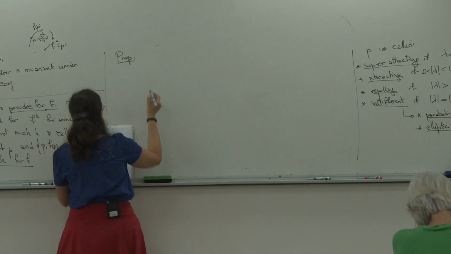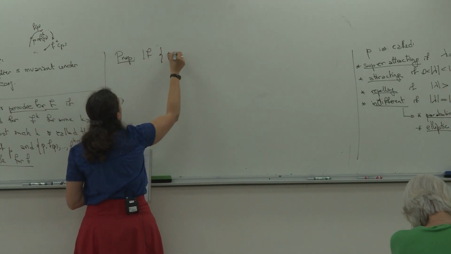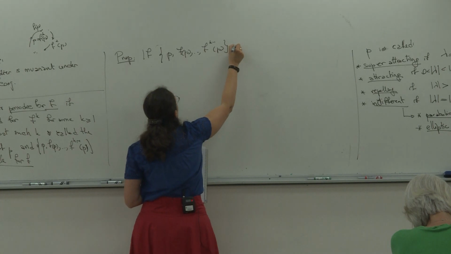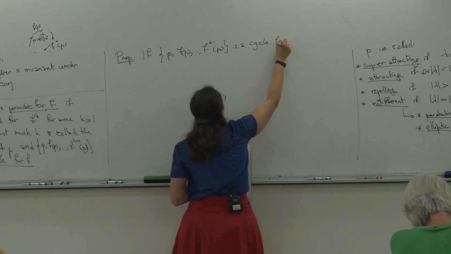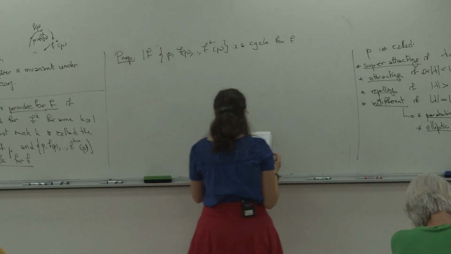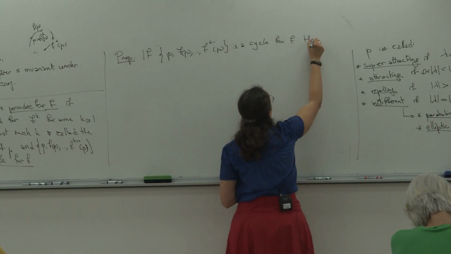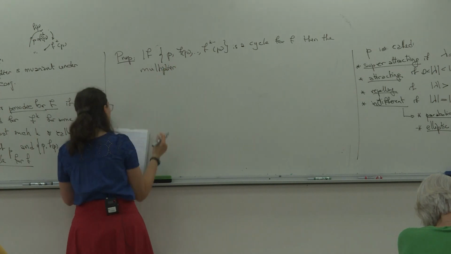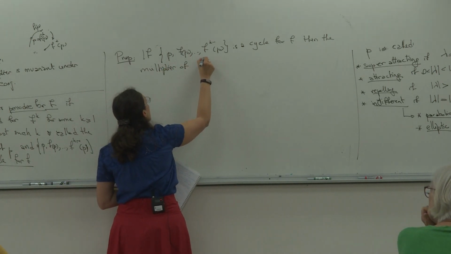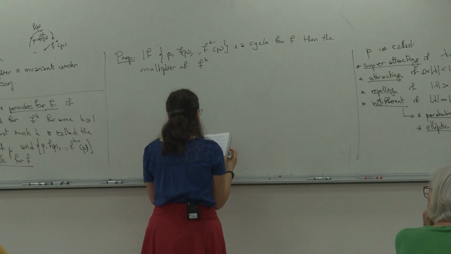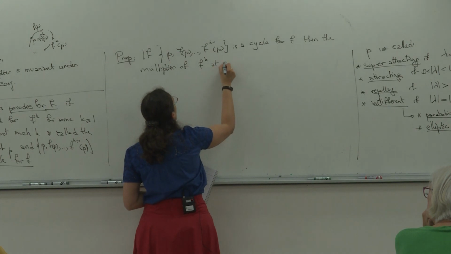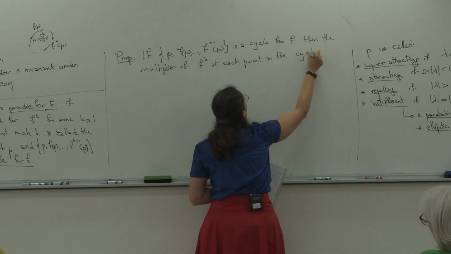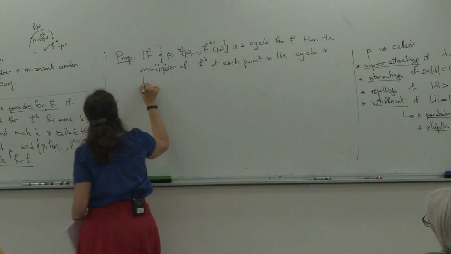If P, f of P, until f^(k-1) of P is a cycle for f, then the multiplier of f iterated k times at each point in the cycle is the same.